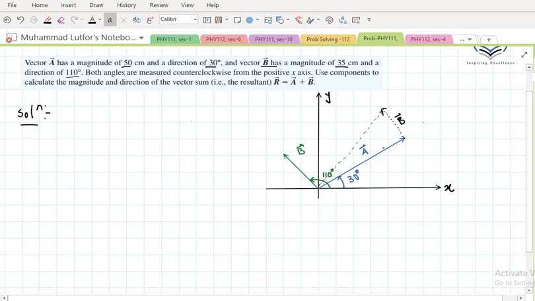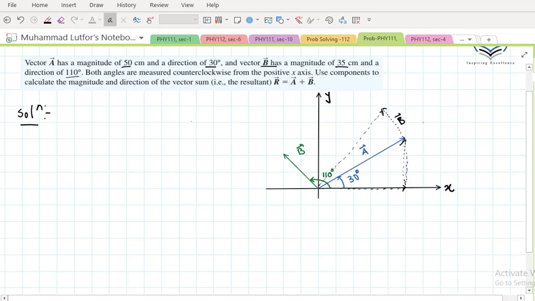For example, if I take the projection of vector A, one component will be towards that direction and another component will be towards that direction, right?